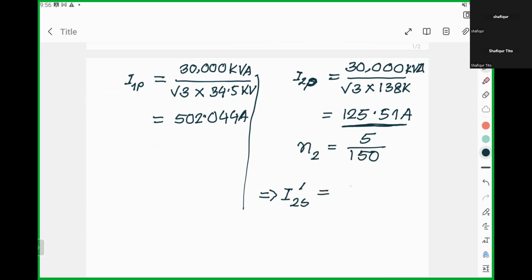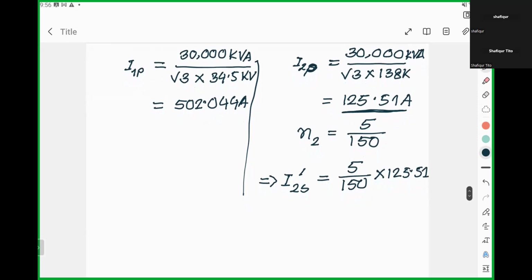So that can be calculated: 5 by 150 times 125.51, and that will give us 4.167 ampere.